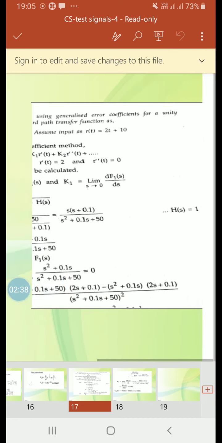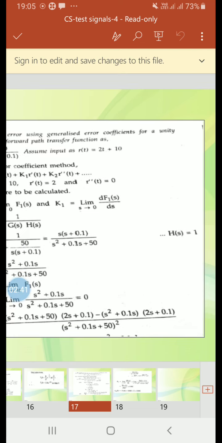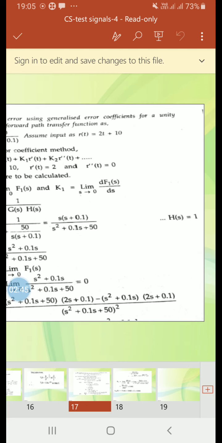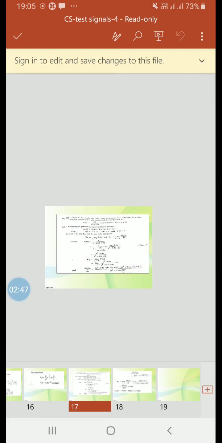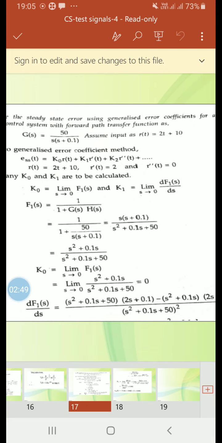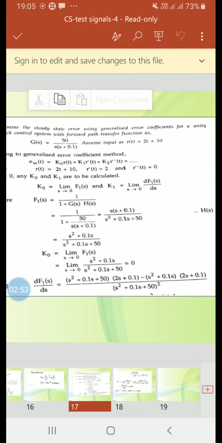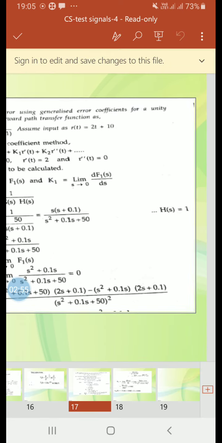It has been given in the statement of the problem that it is a unity feedback control system, so H(s) is 1.